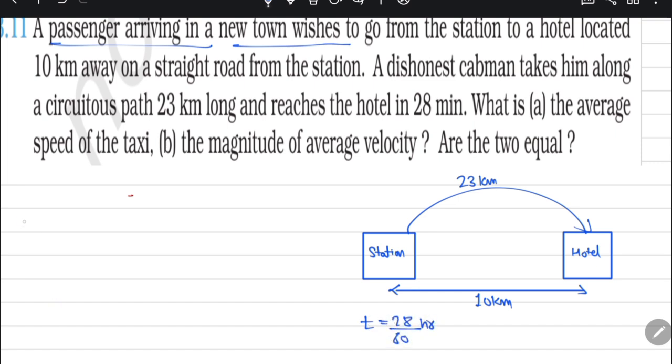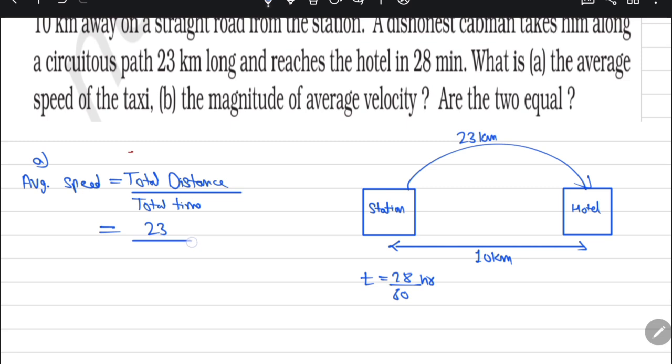What is the average speed? Average speed is basically total distance upon total time. So the total distance is 23 and the total time is 28 by 60.